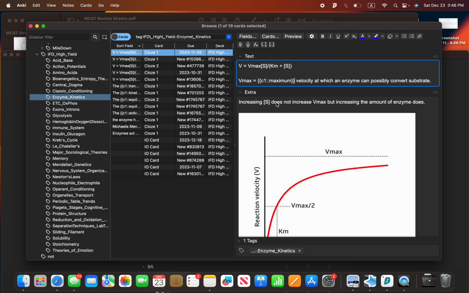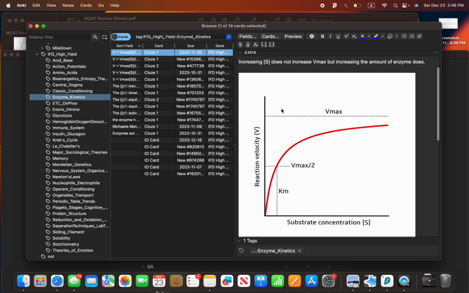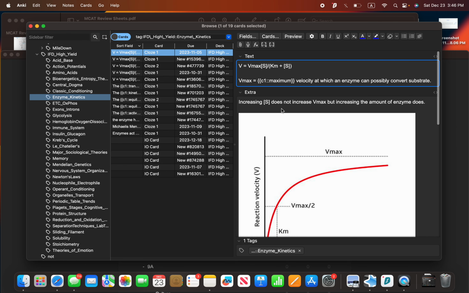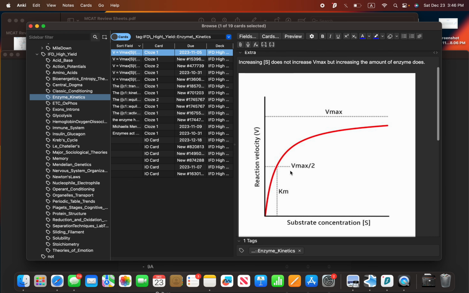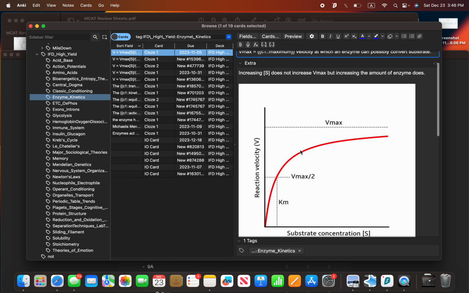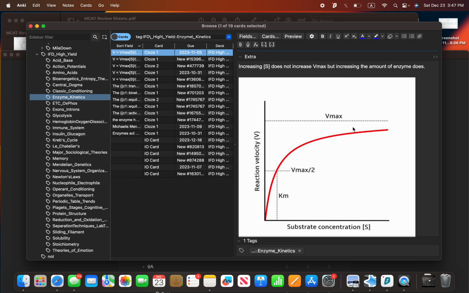Increasing the substrate concentration does not increase Vmax, but increasing the amount of enzyme does. So when you increase the substrate concentration, you do not increase the Vmax. This is Vmax, right?